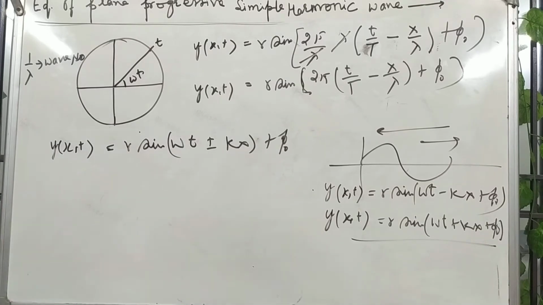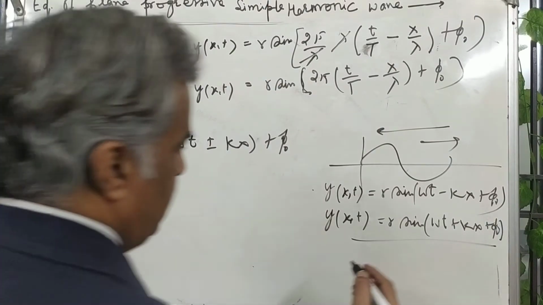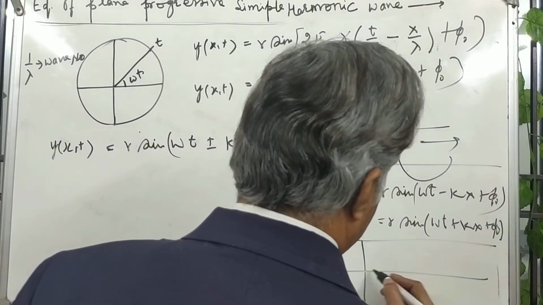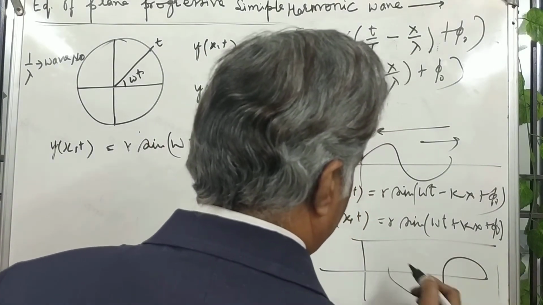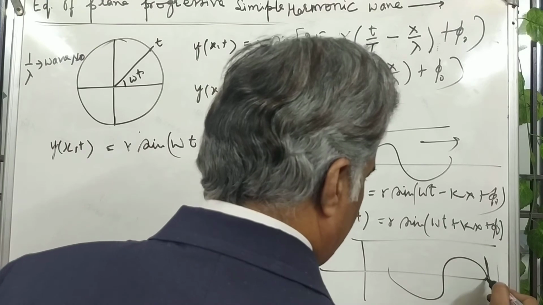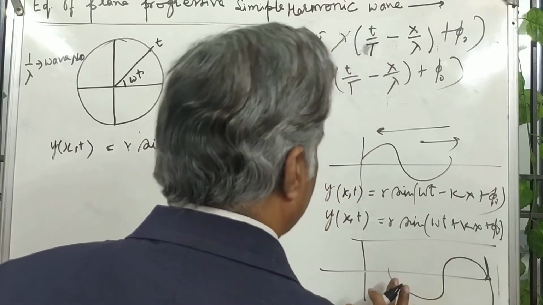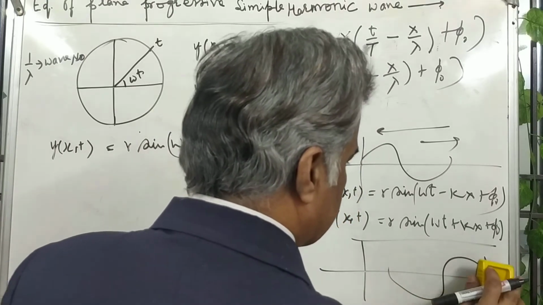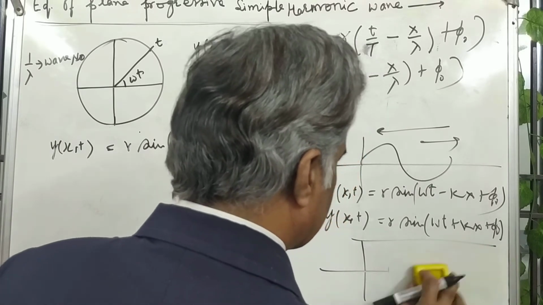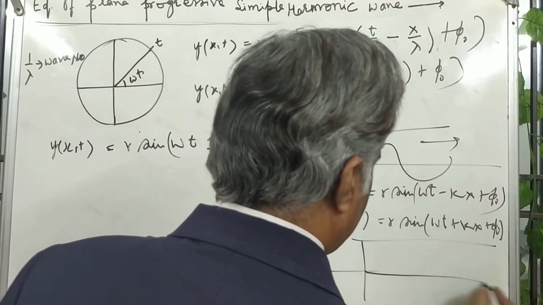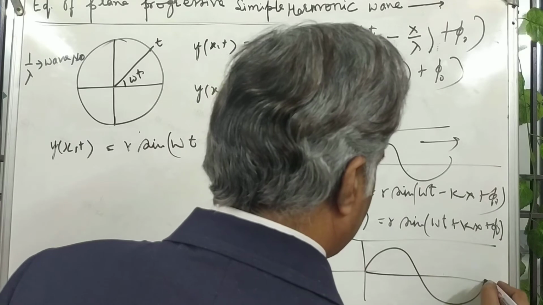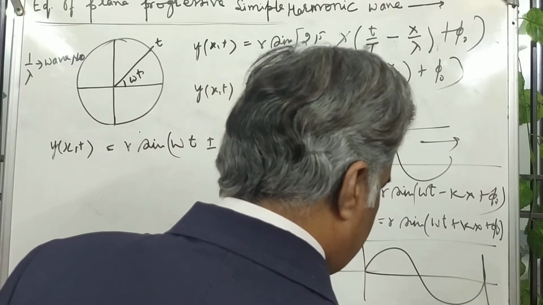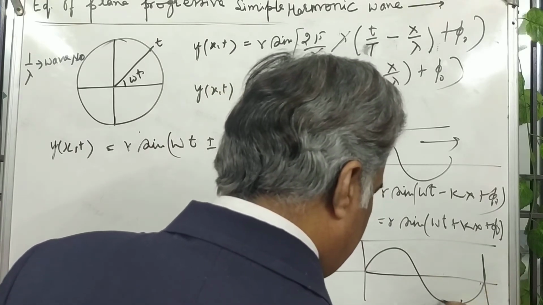Next I am going to teach you the reflected wave. This is a reflecting wave. This particle is vibrating first, let it be like this, and it is reflecting back, coming back like this.